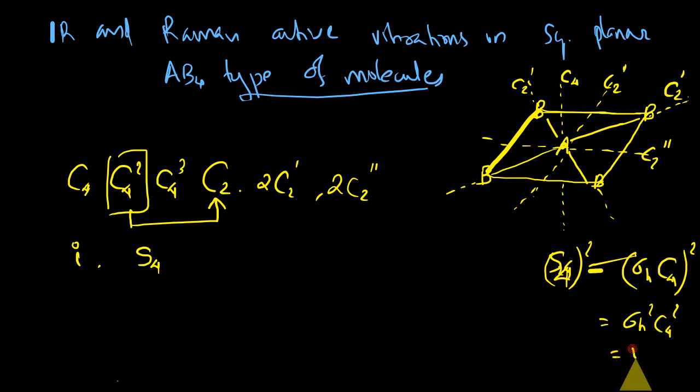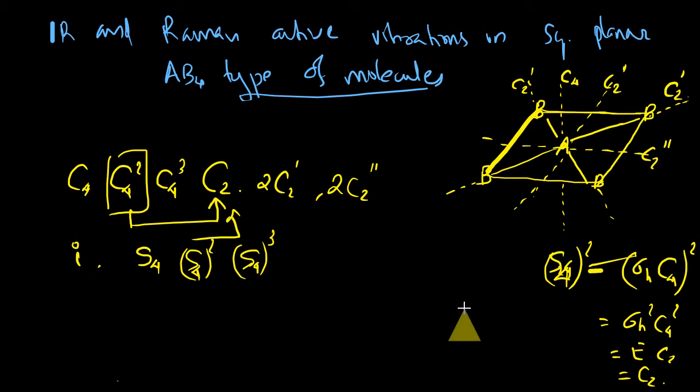Sigma h square is nothing but E, and C4 square is C2. So this is equivalent to C2. Therefore, we cannot write S4 square, because S4 square is equivalent to C2. Then S4 cube is there. So that is a unique operation. And S4 raised to 4 is not there because S4 raised to 4 is equal to E. So how many S4s are there? S4 is there, S4 cube is there. So there are two S4s in total.